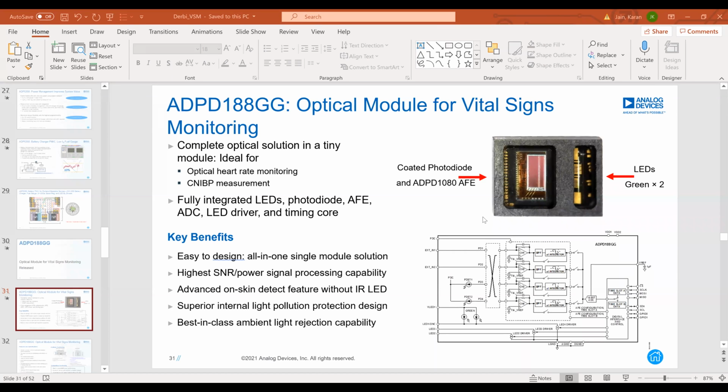Yeah. So again, this block, which we call a module, doesn't have any programmability features with respect to the algorithm as such.